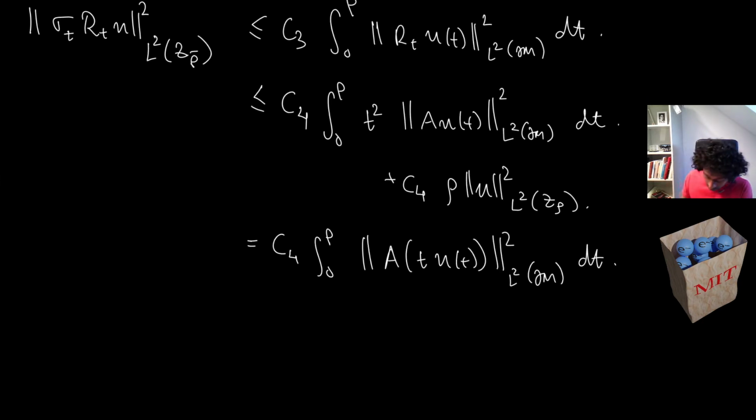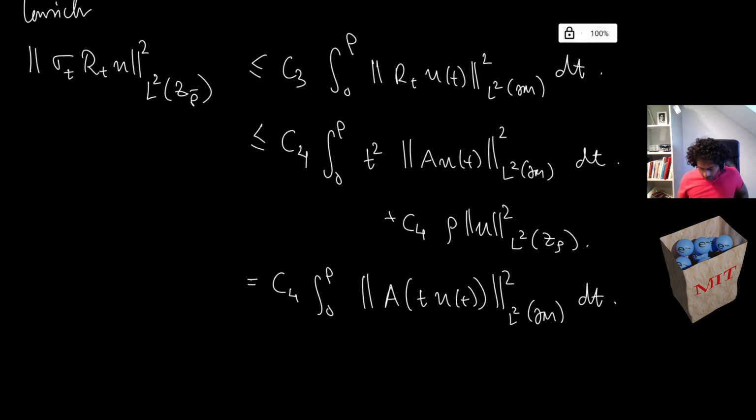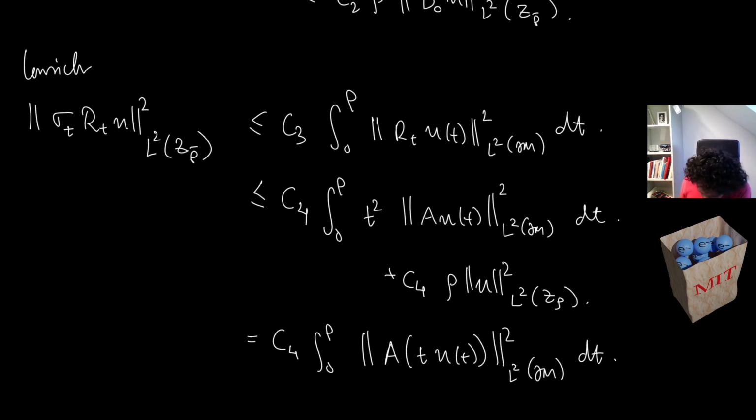The rho comes from the fact that, so what was the lemma that we had before? Sorry, I don't have it in front of me here. Well, okay, sorry. The rho comes from this, right? Because inside the cylinder, RT of UT is controlled by A, U acting on T plus the norm of U, but on the cylinder.